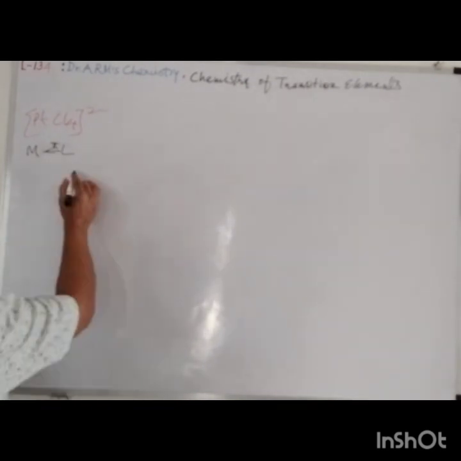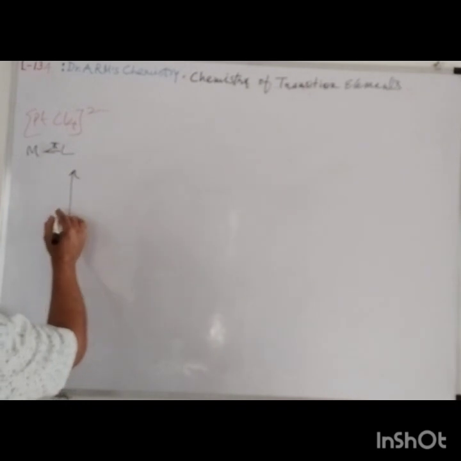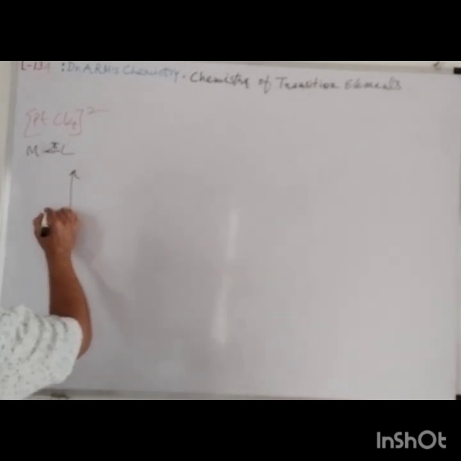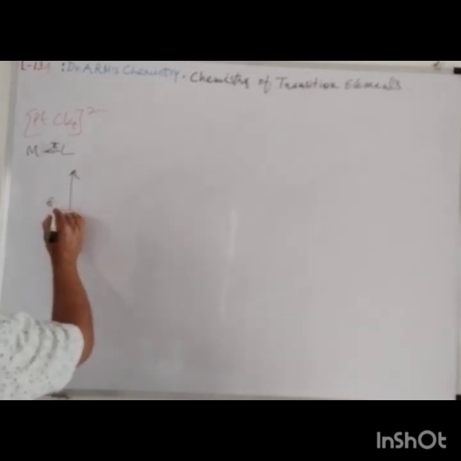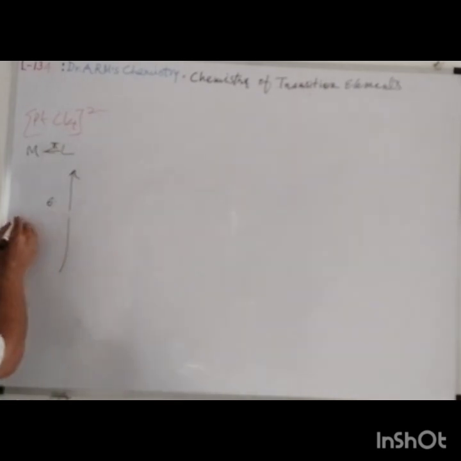Now we can show these in the absorption spectrum, where we can plot epsilon max, which is given in per dm cube per mole per centimeter.